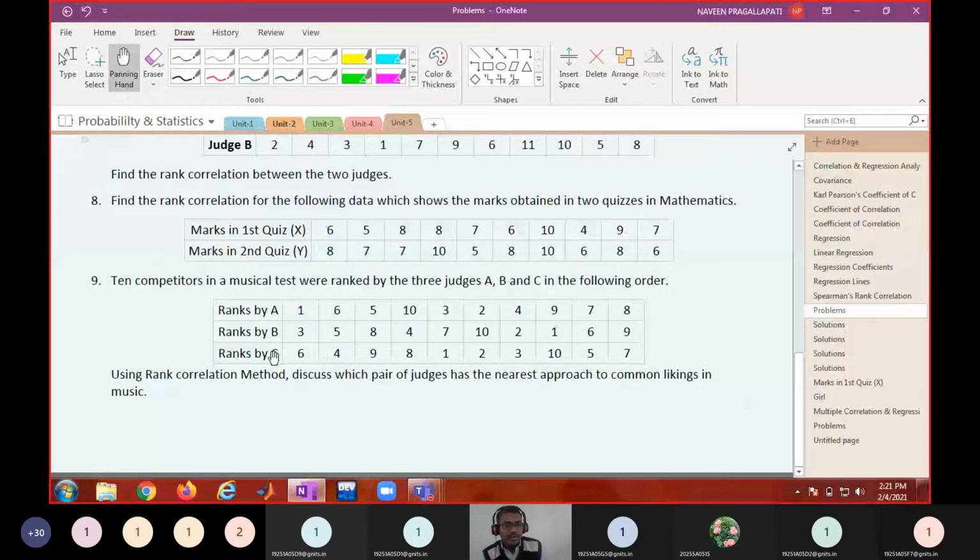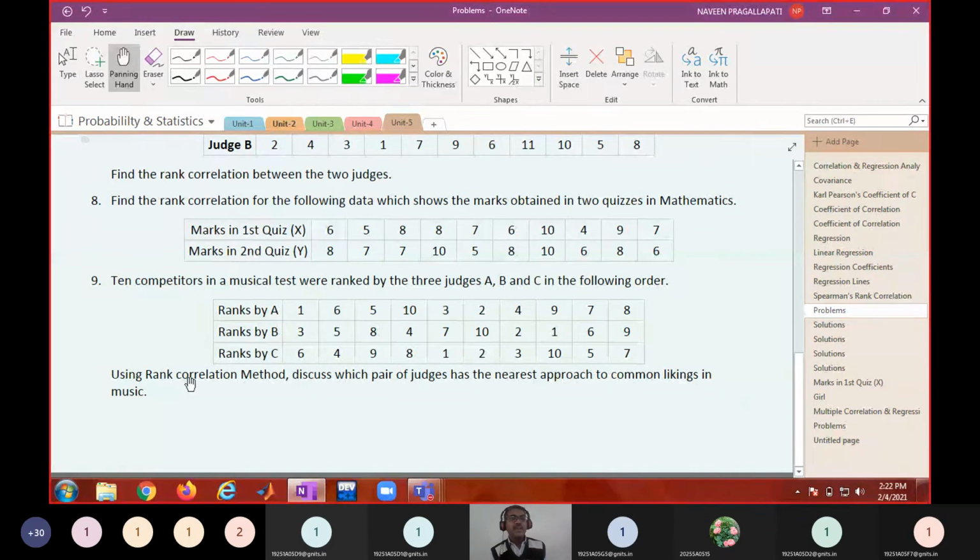So A gave ranks like this to musician 1, musician 2, musician 3. Musician 3 got 5th rank, which is given by A, like that. Using the rank correlation method, discuss which pair of judges has the nearest approach to common likings in music. So which pair of judges are mostly correlated? That is what you are asked to find out.